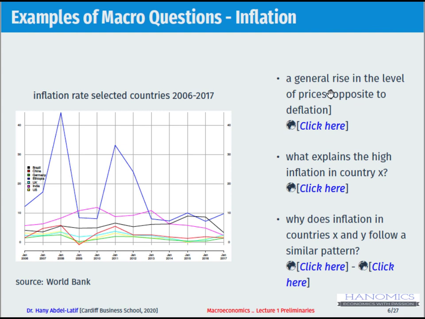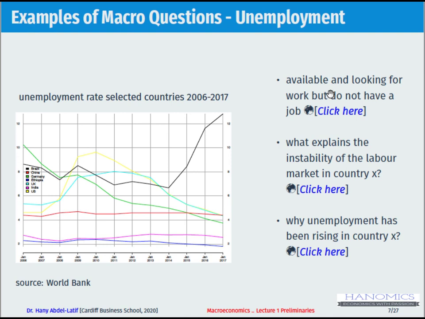What's the problem when prices go up? Would you like the price of everything to go up? It affects you, yeah? That's exactly what I'm talking about. We want to study this, and again, this would be a different lecture, but I'm just trying to give you more examples of economic outcomes that we will be looking at.